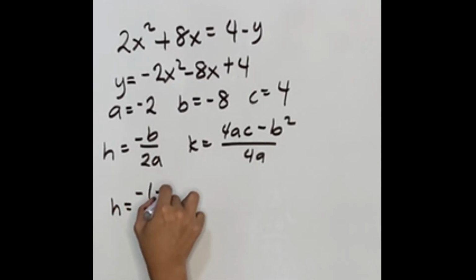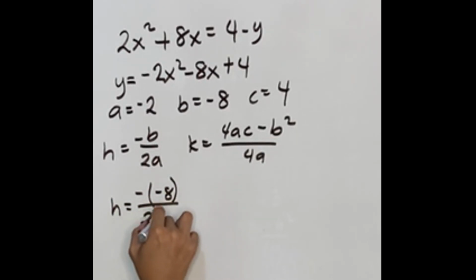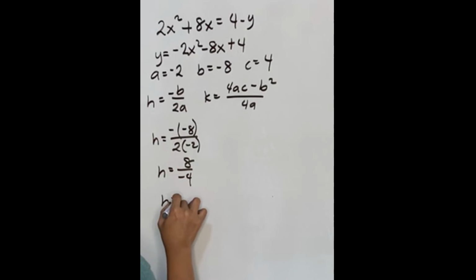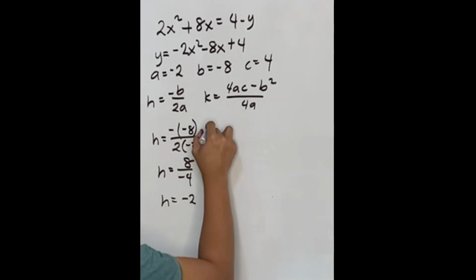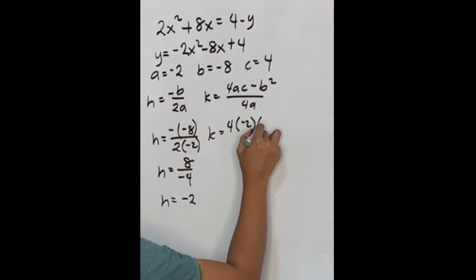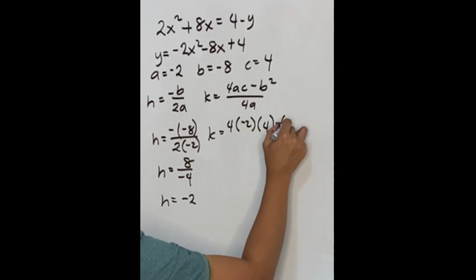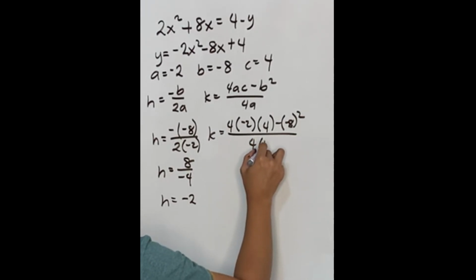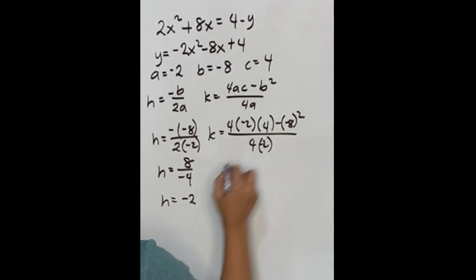Now let's have h. Negative of negative 8 over 2 times negative 2. H is equal to 8 over negative 4. H is equal to negative 2. K is equal to 4 times negative 2 times 4 minus negative 8 squared all over 4 times negative 2.